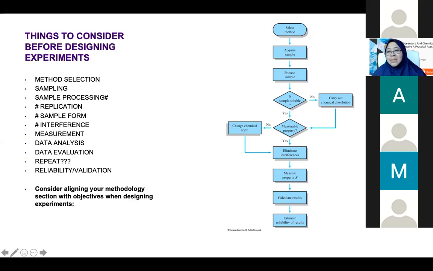Can you imagine if we receive a vaccine where the first batch is of different quality from the second batch? That would be disastrous. We do not want that to happen. That's why sampling is very important. How do we sample the product, the material that you produce? Or let's say you're taking samples from the environment. It's very important to understand how to sample.